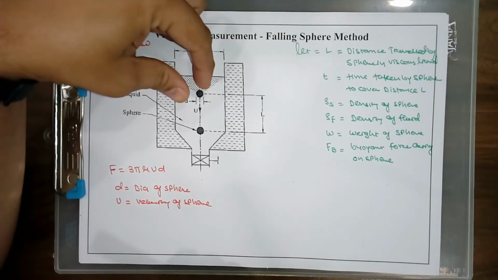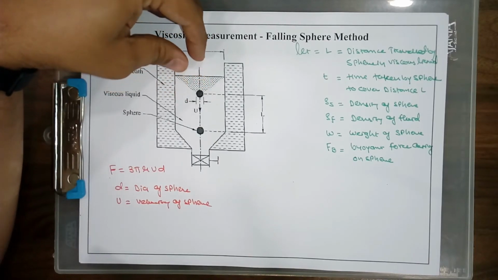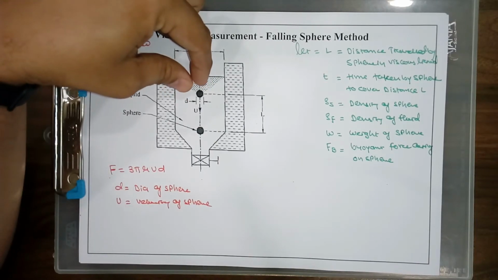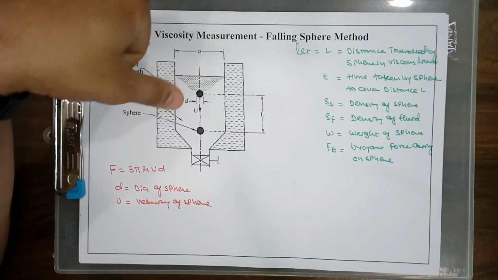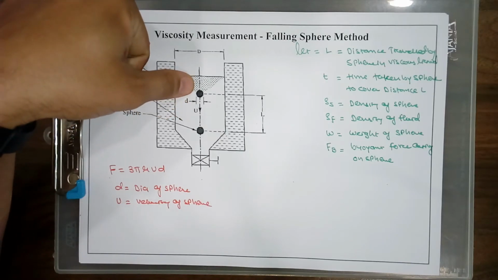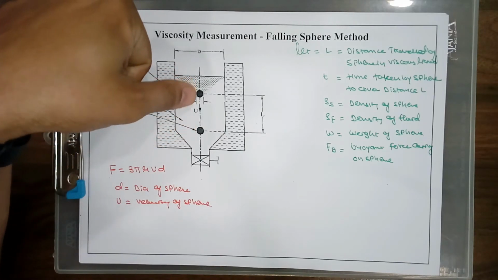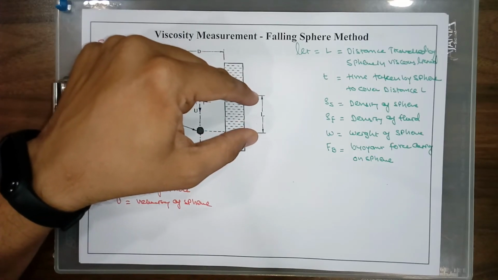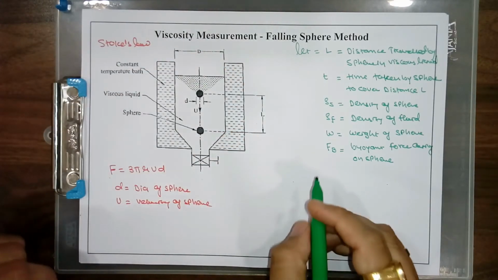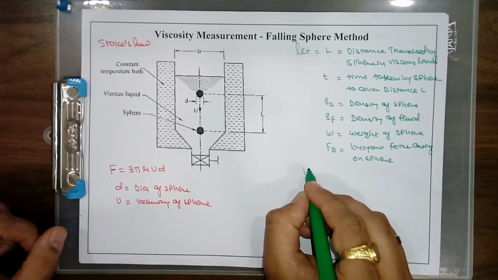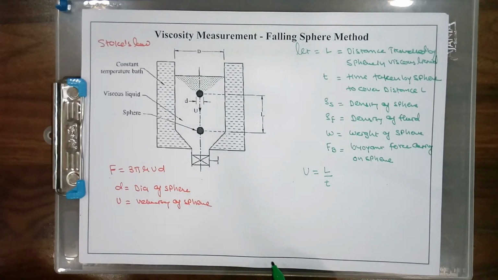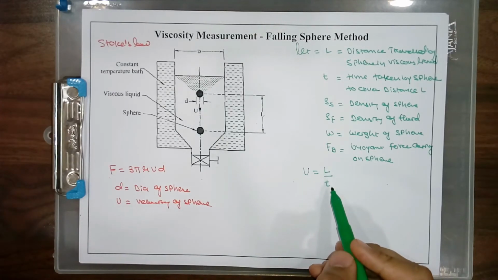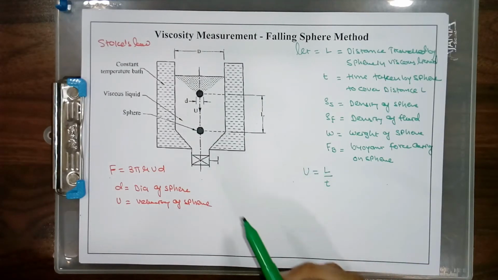We drop the given sphere from the top and it moves toward the bottom under gravitational acceleration, and we measure the velocity between the two marked points, the distance between them being L. So the velocity of the sphere in the liquid is u, which equals distance traveled divided by time, that is L by T, where L is the distance and T is the time to cover this distance.